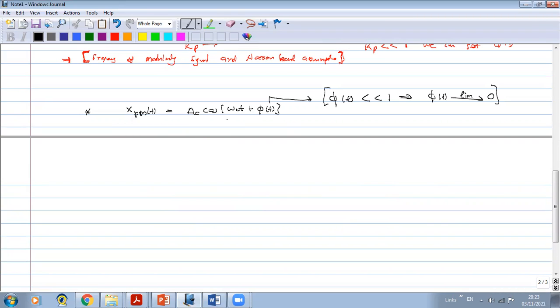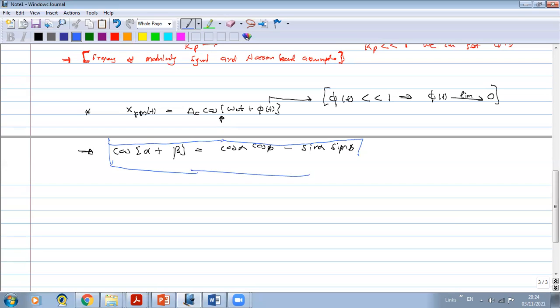You know that we can write this expression using the trigonometric identity: cos α cos β minus sin α sin β. Hope we have used this identity in many locations.